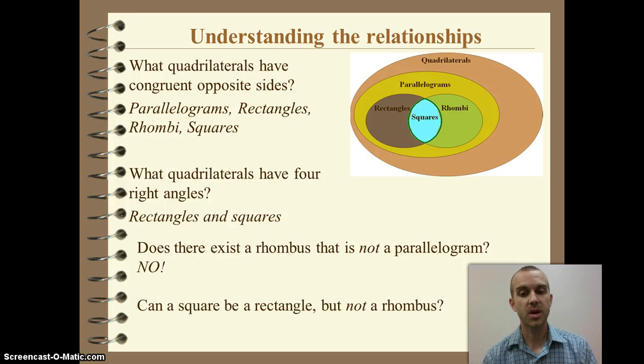Then can a square be a rectangle but not a rhombus? Well, if I think about the parallelogram, a square is a specialized rectangle, but it's specialized in the fact that all 4 sides have to be congruent, and that's a feature that makes it a rhombus as well. So no, it's not possible to be just a rectangle but not a rhombus to become a square.